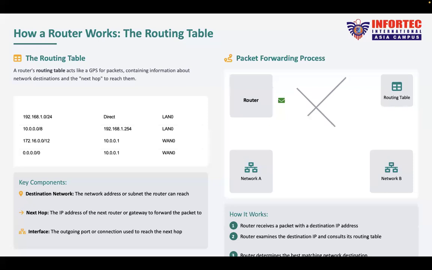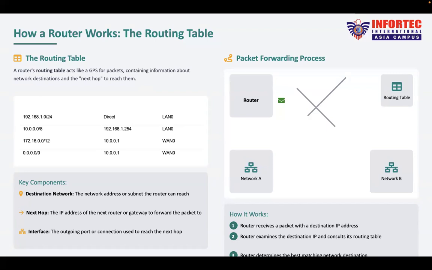So this is how we develop the routing table. This is the same as the MAC address table. So the routing table is something like this. We record the address, the data details, packet details in one place. We call it the routing table.